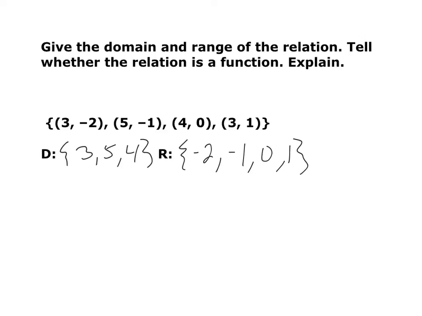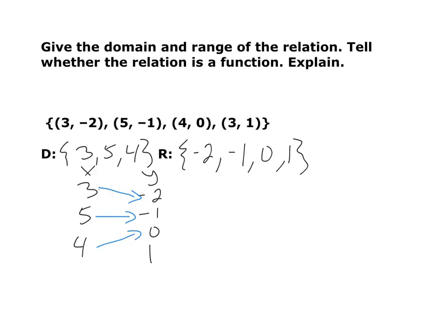Now if it helps you at all by looking at mapping, we can go ahead and do that. So I have 3, 5, and 4. And we're going to map that, these are x values, to our y values, which are -2, -1, 0, and 1. Now I'm going to go ahead and map. So our first ordered pair is 3, -2. So I'm going to draw an arrow to -2. Our second one is 5, -1. Draw that arrow. Then we have 4, 0.